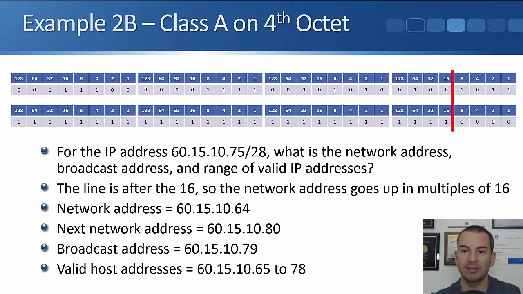And if I add 16 to that, the next network address will be 60.15.10.80. So our broadcast address here must be 60.15.10.79. And the range of valid host addresses fall between the network address and the broadcast address. So that's 60.15.10.65 up to 78.